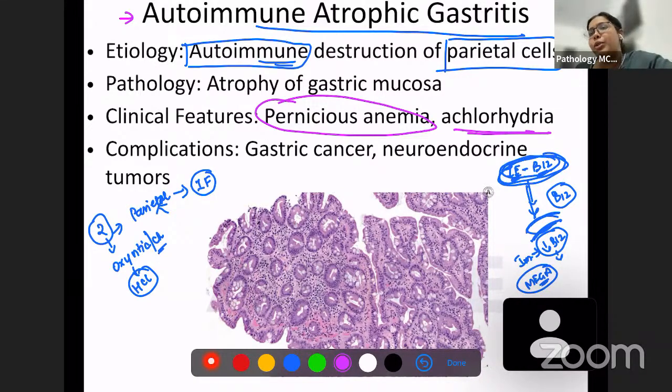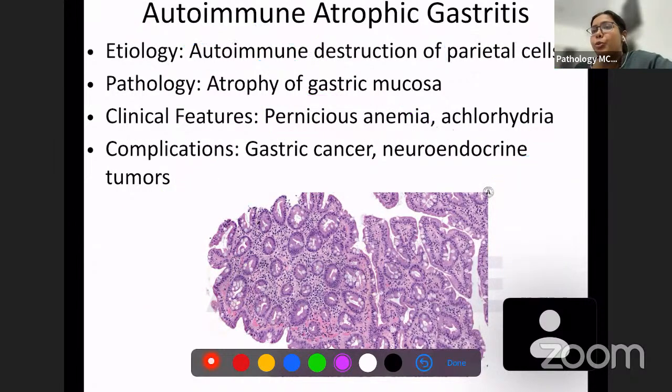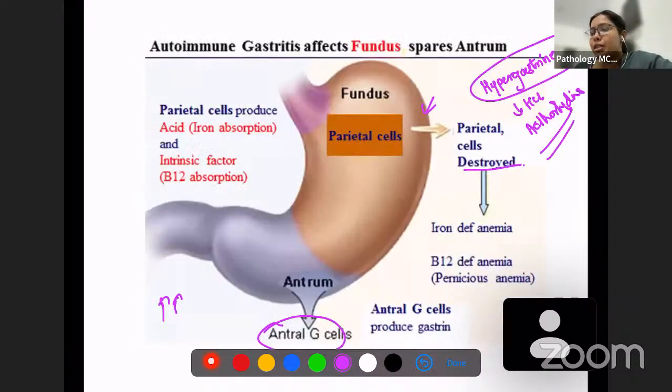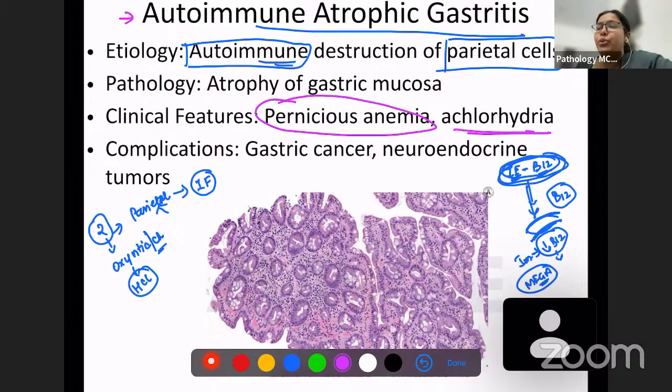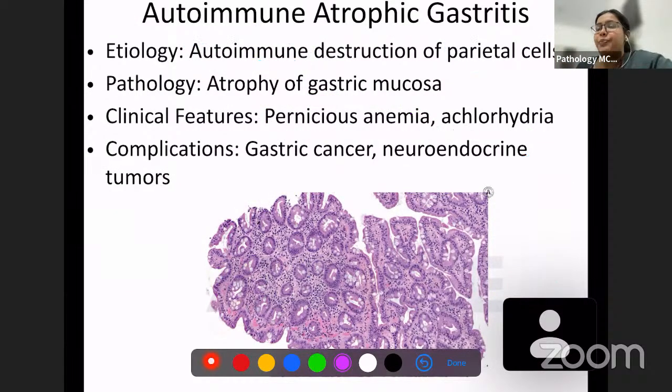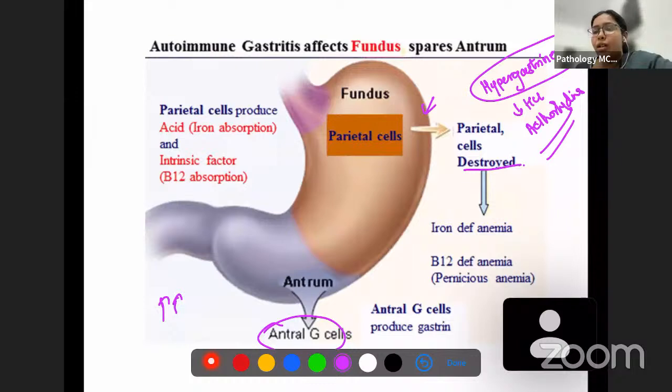You have to remember that autoimmune gastritis may lead to gastric carcinoma. Apart from that, it can also lead to neuroendocrine tumors, because as a result there is proliferation of neuroendocrine cells also.